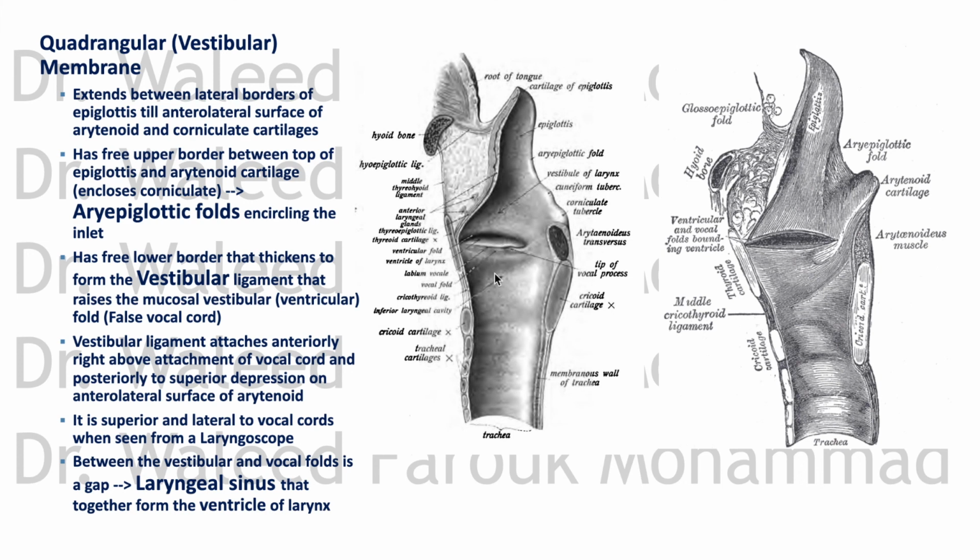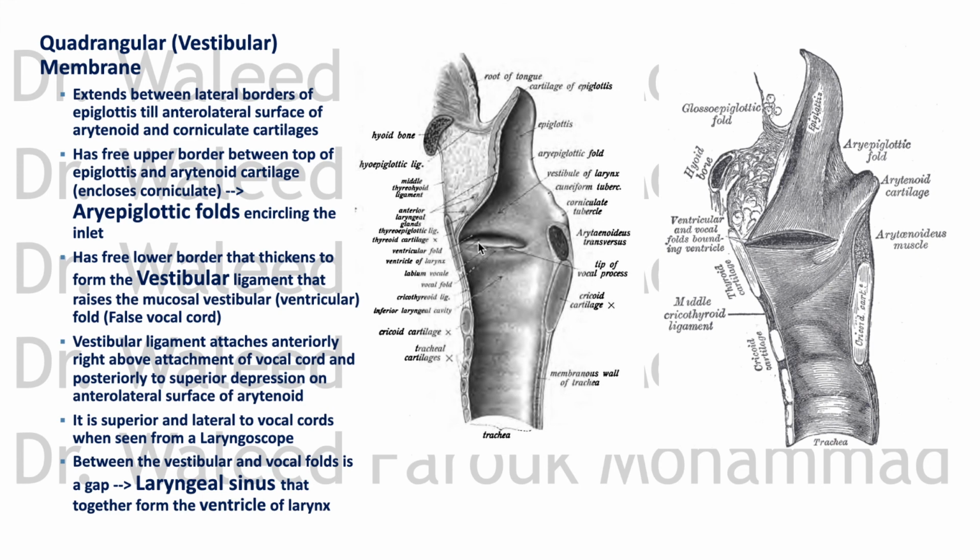Now, another thing, this mucosa is all continuous. So it has a depression here made by the two free margins, by the upper margin of the cricothyroid and the lower margin of the vestibular. This area is called the laryngeal sinus. We will study it with the laryngeal cavities. Laryngeal sinus.